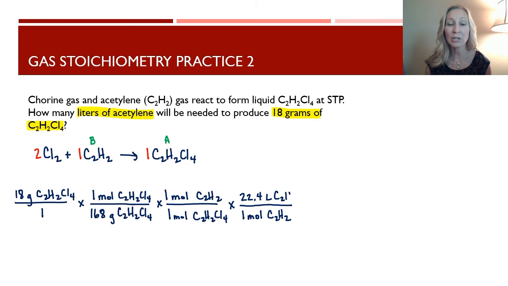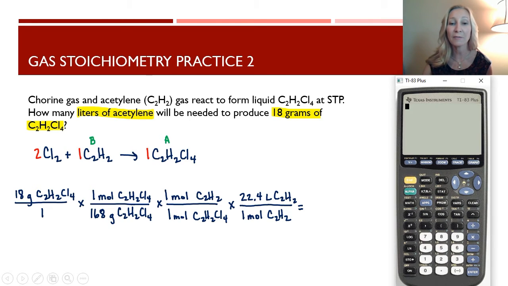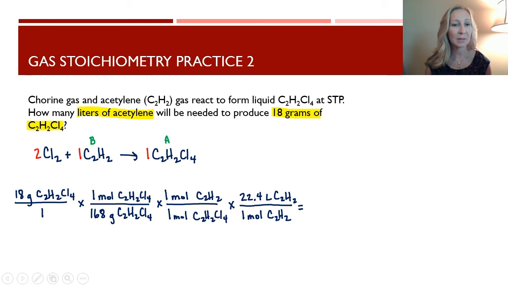So I have 22.4 liters of acetylene gas over 1 mole of acetylene gas. So now I can figure out how many liters of acetylene gas I need to create this 18 grams of C2H2Cl4. I type in 18 times 22.4 divided by 168 on my calculator, and I end up with 2.4 liters, rounded to 2 significant digits, 2.4 liters of C2H2.